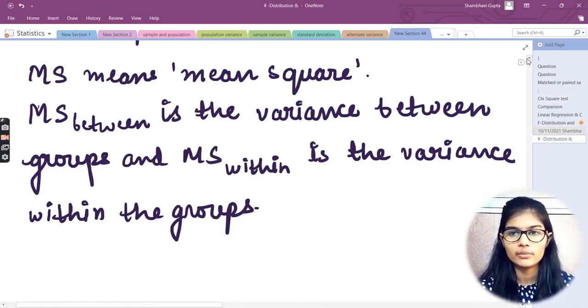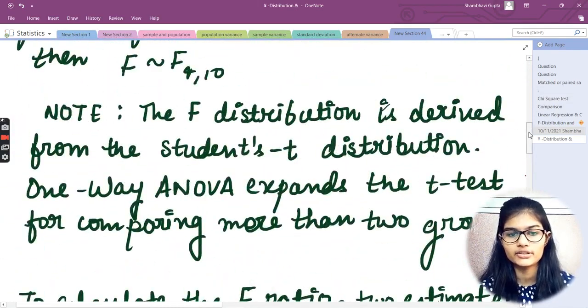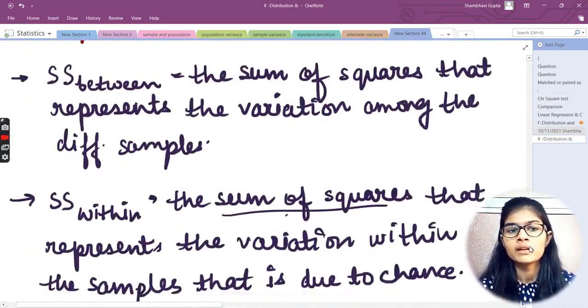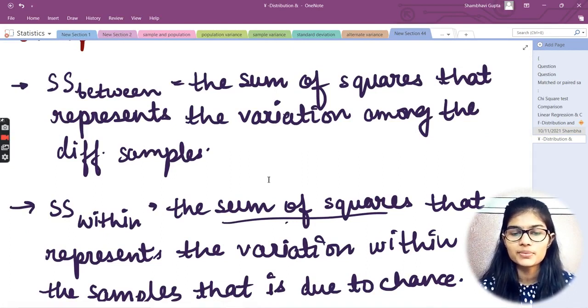Let me take you up a little bit once. Right here, one second. Great. So SS was the denotation that we used, right? We used SS between, that was the sum of squares that represented the variation among the different samples, right? We just did this particular thing. SS basically means the sum of squares, okay? Now what does SS between represent?